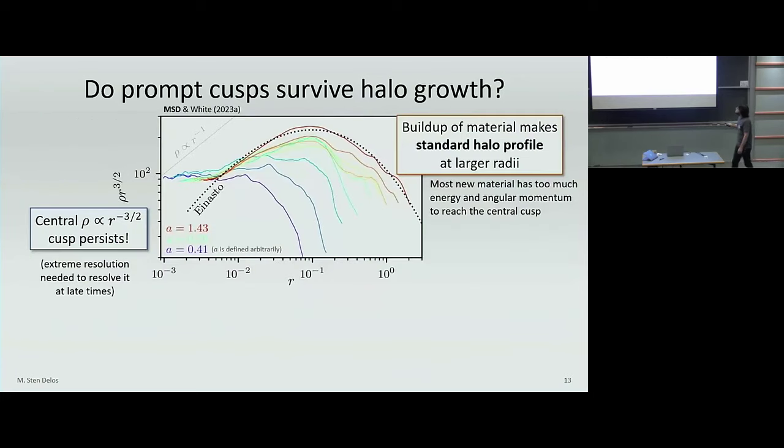Here's the same kind of plot: the density profile, density times radius to the 3 power, as a function of radius, going from earlier times in purple to later times in red. You have this initial prompt cusp, and then over time we build up material at intermediate and large radii. That buildup leads to a standard halo density profile, an Einasto profile. But at the center, we still have the prompt cusp.